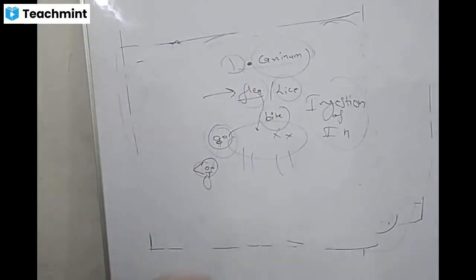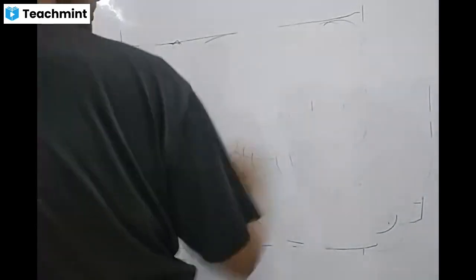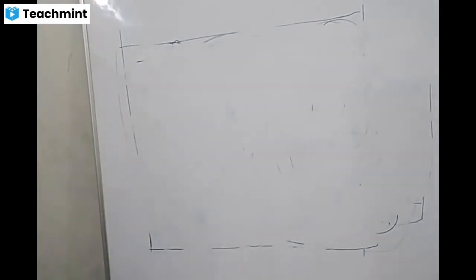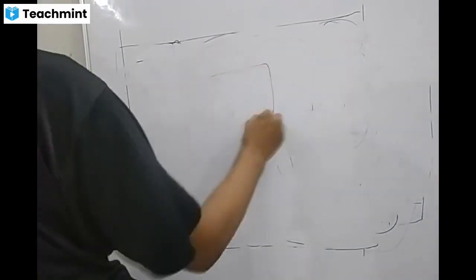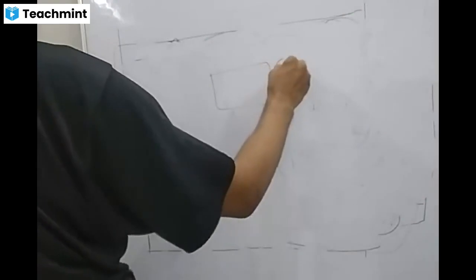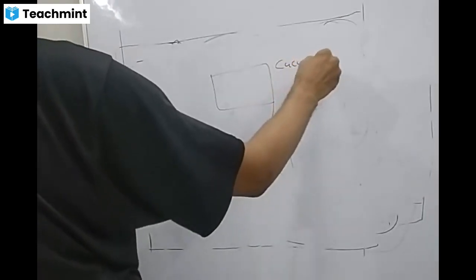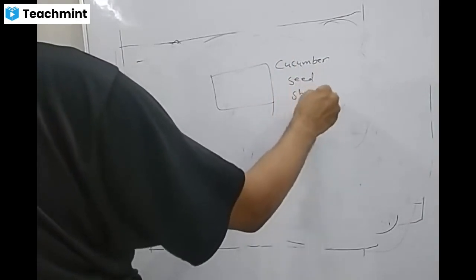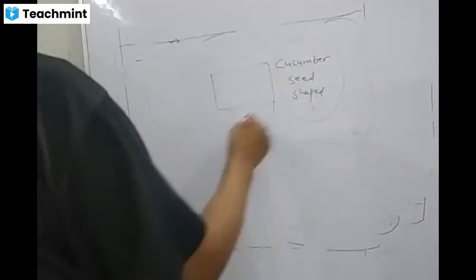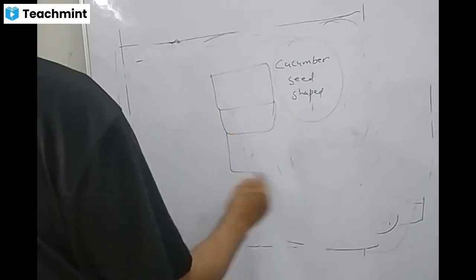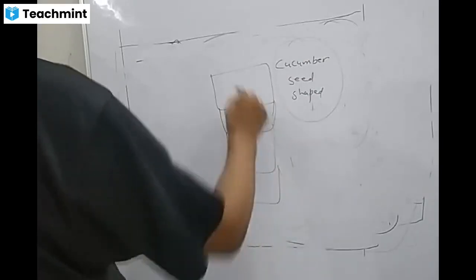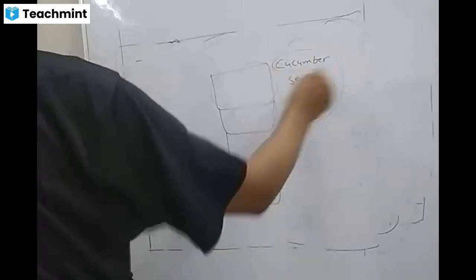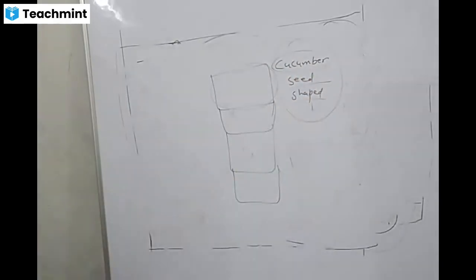The more MCQs about Dipylidium caninum are about its morphology. The segments of this tapeworm are cucumber seed shaped. This was an MCQ in the ICAR exam: which of the following tapeworms has segments just like cucumber seeds?